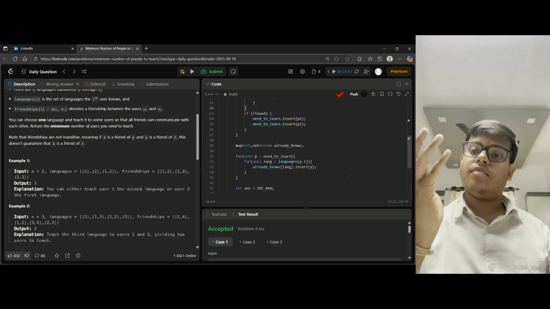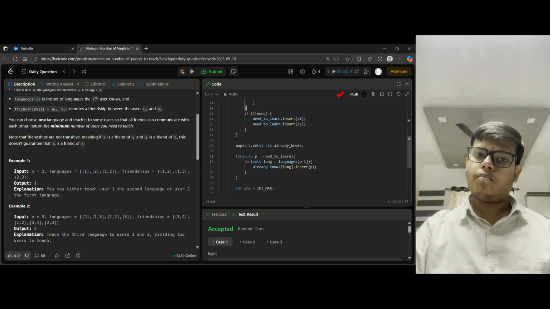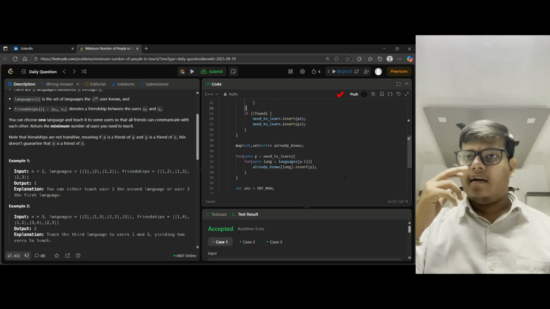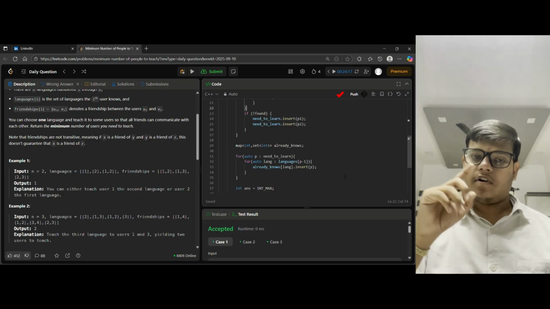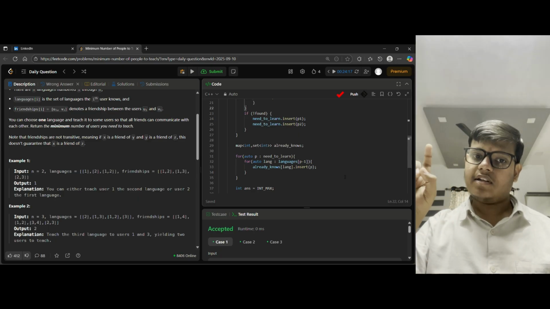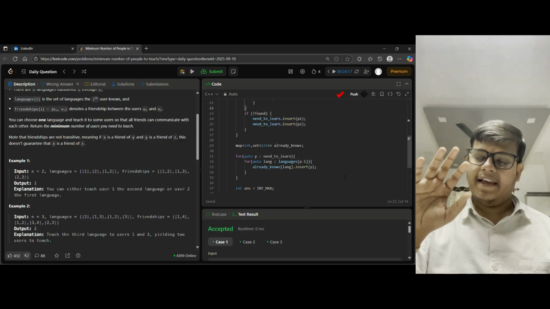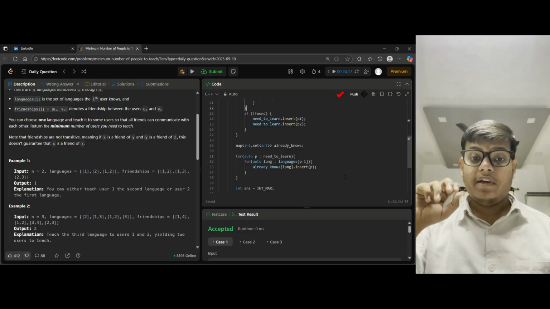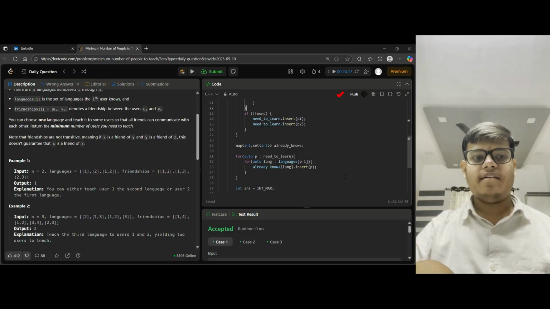Like if we have persons P1, P2, P3 and so on up to let's say 5 persons, and out of these, person 1 and person 2 have a friendship but they don't have any common language, so they cannot communicate, right? So we have to teach them a language, right?